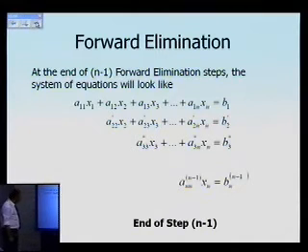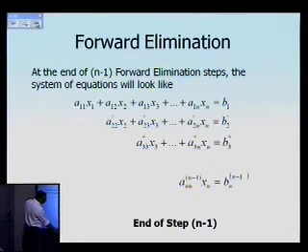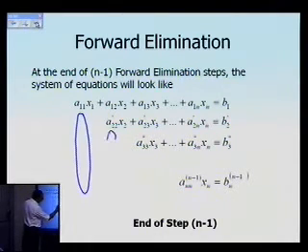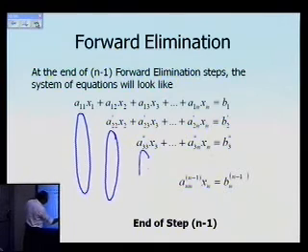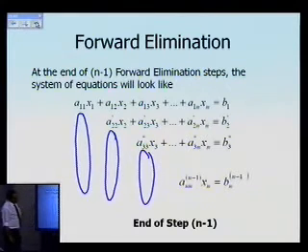As we said, there are going to be n minus 1 steps of forward elimination, and this is what I'm going to obtain at the end of the forward elimination steps. You can see that I get zeros all the way here, zeros all the way there, then zeros all the way here, and if I write this in matrix form, the coefficient matrix will turn out to be an upper triangular matrix.